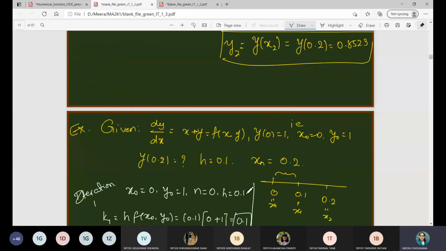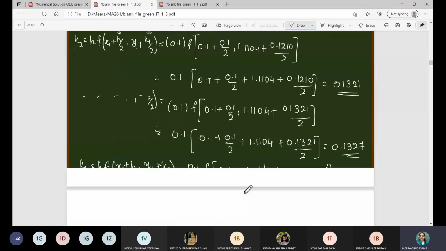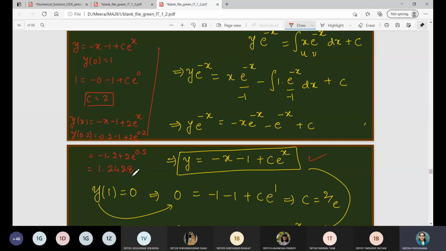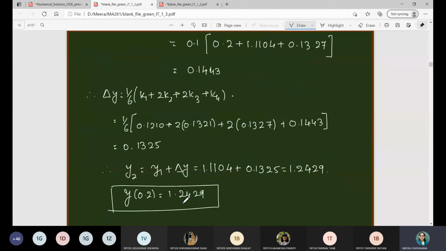And here you can see that numerically we obtained the answer 1.2429. So how closely are we getting the solution with respect to the analytic solution, right? That is what I want to show you, that numerically also, if we go via this algorithm, the RK method of second order as well as fourth order will give you better precision compared to all previous methods, right?